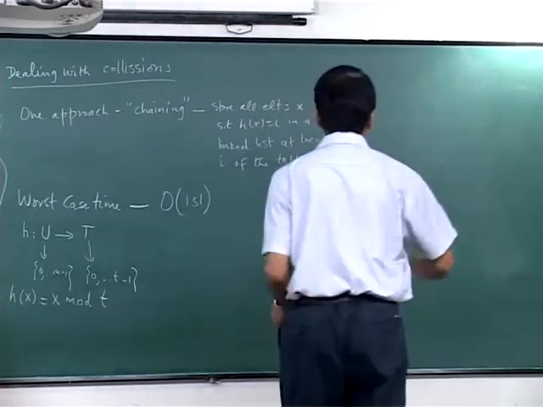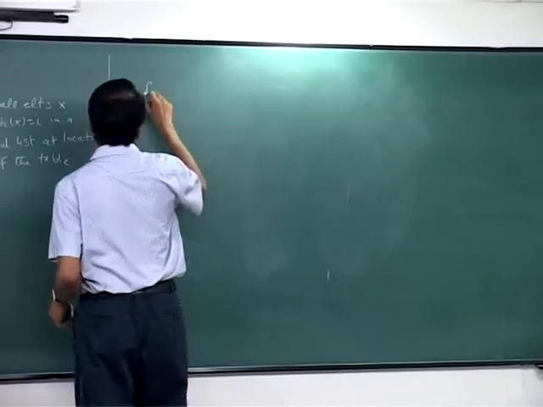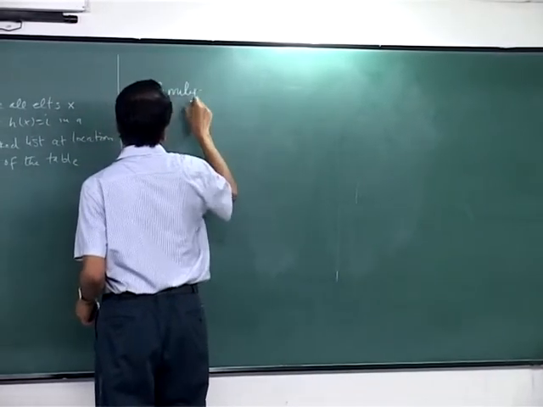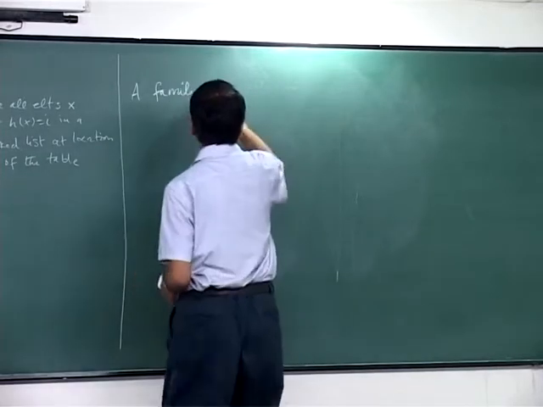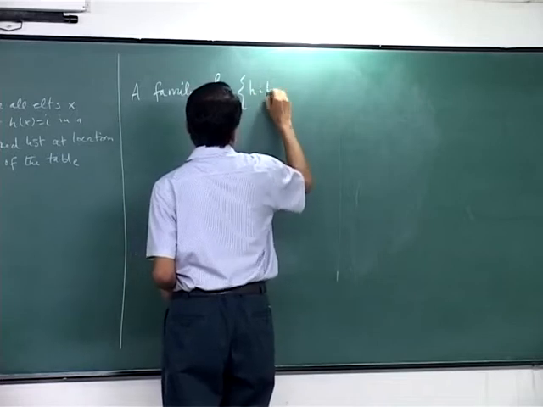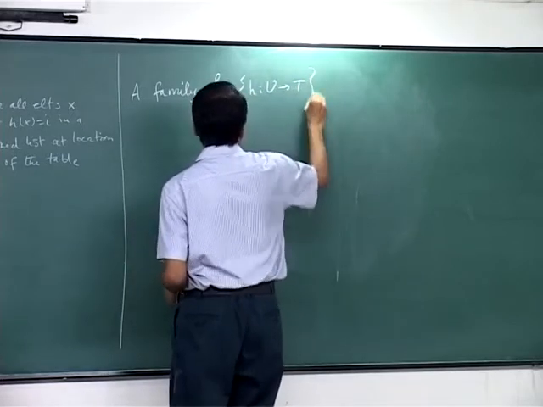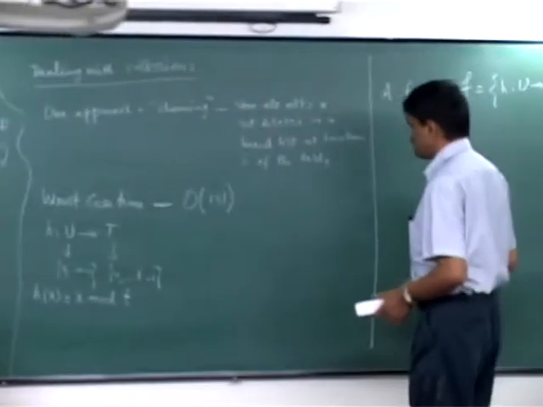So the goal is, let's call it a family of hash functions going from U to T, where U has this size and T has this size.